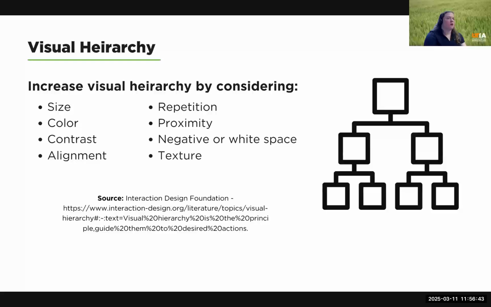All right. So we've talked quite a bit about visual hierarchy already. We know what visual hierarchy is. But for this slide, I want to introduce different ways that you can increase the visual hierarchy in your designs. So you can increase visual hierarchy by changing or considering anything from size to color, contrast, alignment.